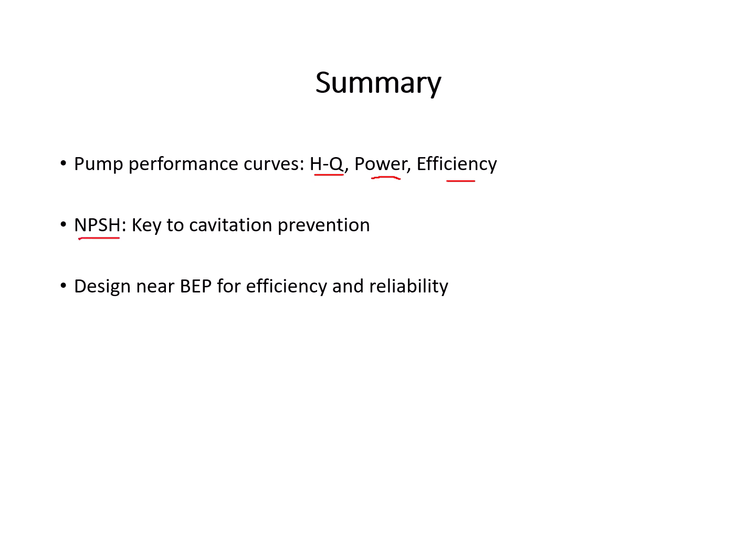We talked about the net positive suction head. Why do we need to consider net positive suction head? Because of cavitation prevention, and we say that there are two types of net positive suction head, available and required. The available is set by the system design or the existing system, and the required is stated by the manufacturer, and you should always have your available more than the required to prevent cavitation.